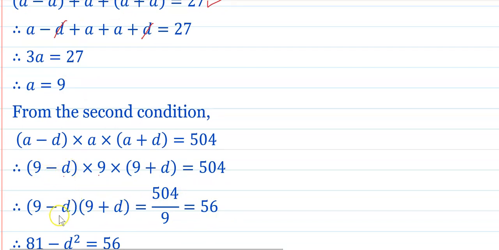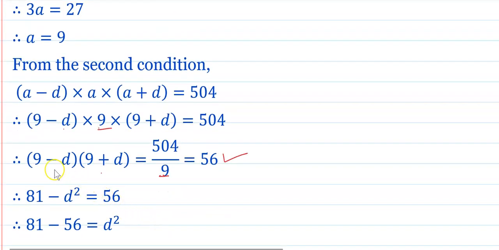Therefore, 9 minus d into 9 plus d, you will get 504 upon 9. हा 9 इकडे divide ला येणार. If we divide it, then you will get 56. Therefore, after substituting the value of a as 9, here 81.